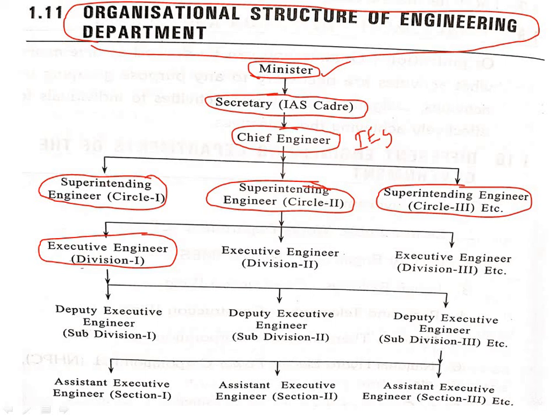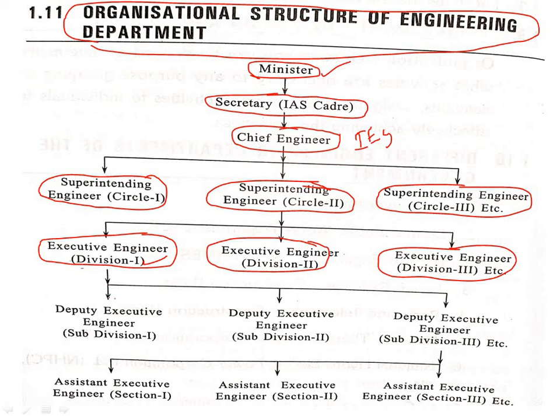He will also have full powers to control the works at the construction sites. Under the superintendent engineer, the executive engineers will be there. Here, there are three executive engineers, 1, 2 and 3. These are also the divisions which are divided. This executive engineer is also appointed by the public service commission examination.